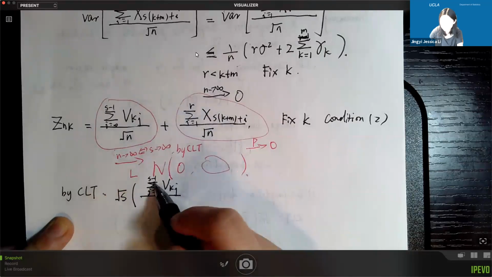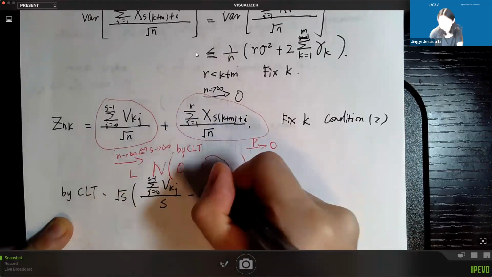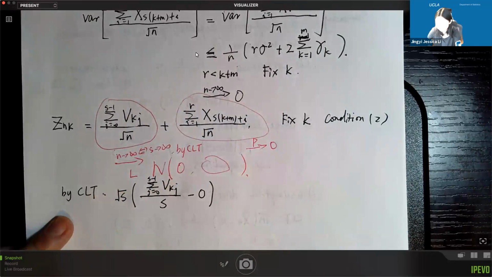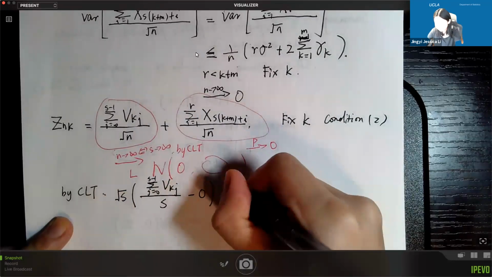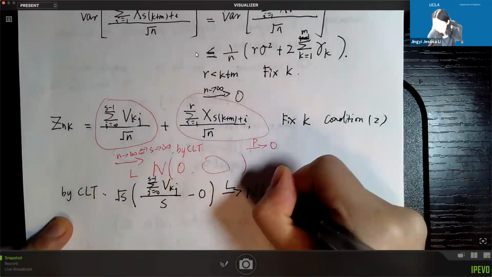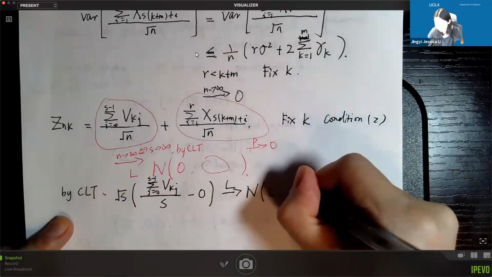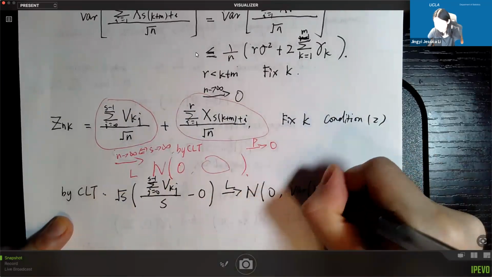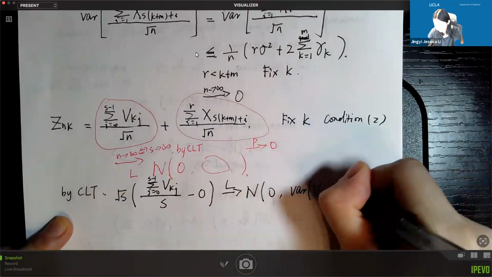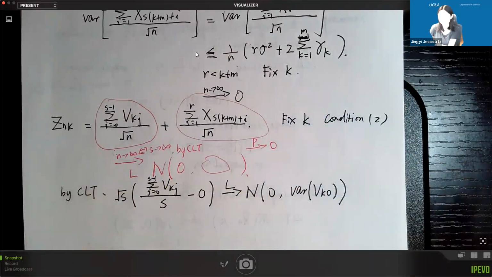This is the average minus its mean 0. This will converge in law to normal with mean 0. And the variance would be the variance of each vkj. That will be the variance of, let's write, vk0. That's the central limit theorem result.